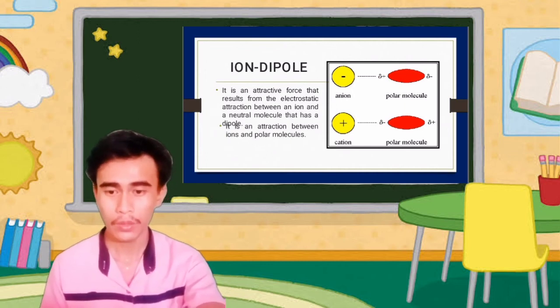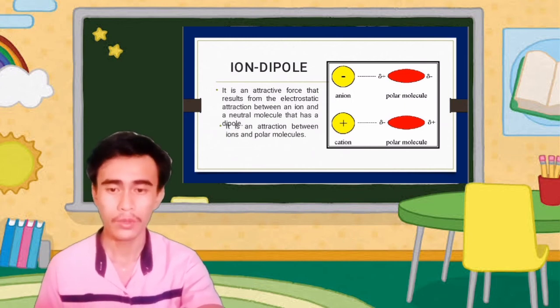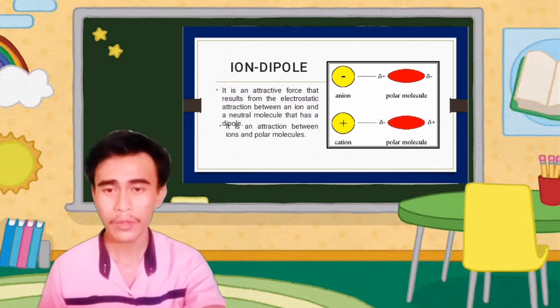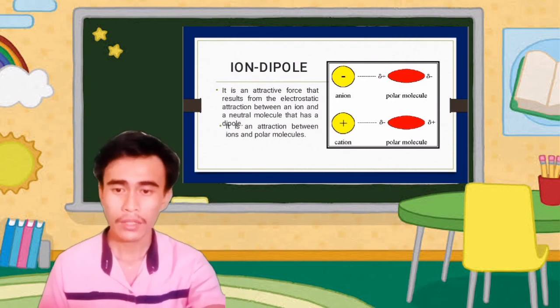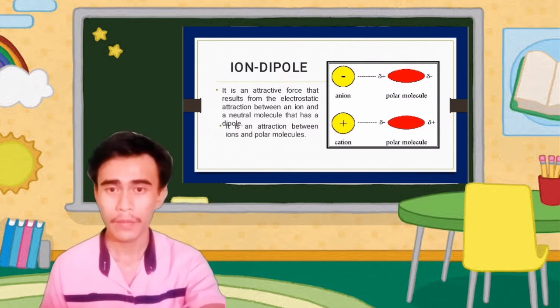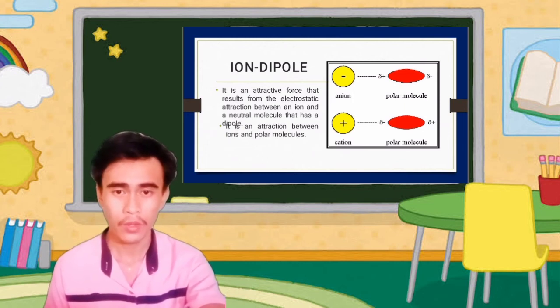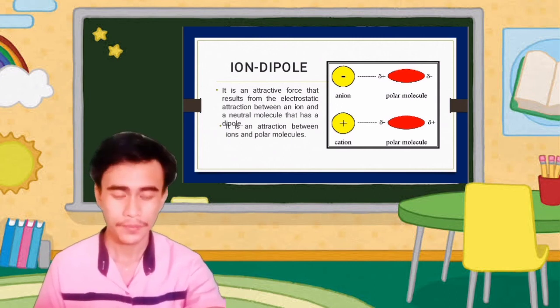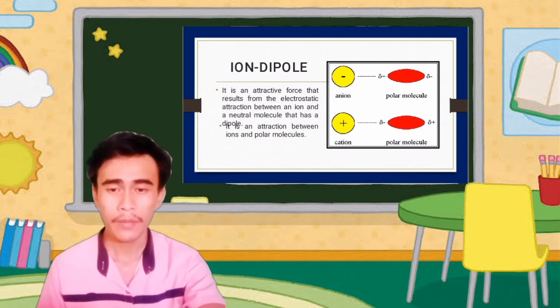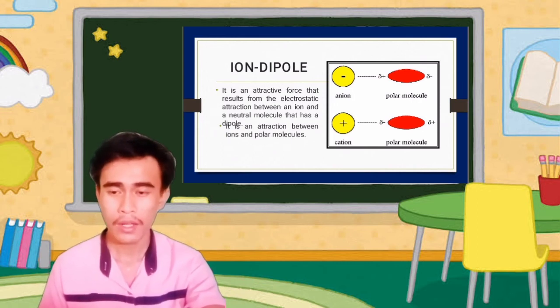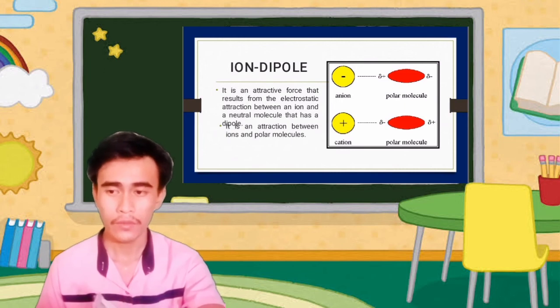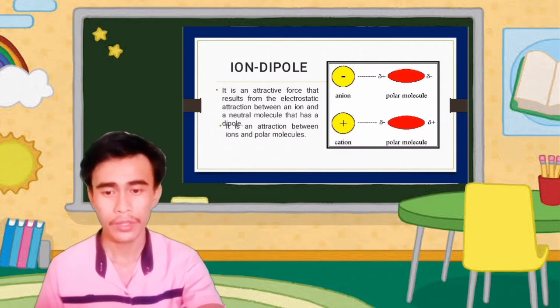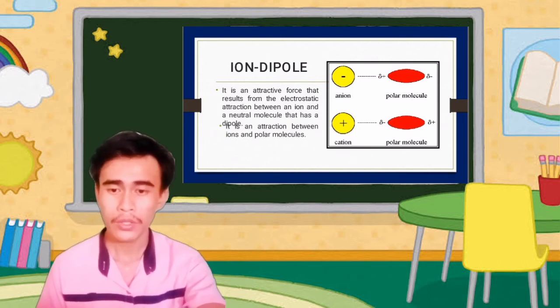So it is an attraction between ions and polar molecules. When we say ion dipole, the ion is attracted to the dipole. For example, we have the sodium ion. You can identify if a compound or element is an ion because it has a positive or negative sign on top, for example our sodium, Na+. So here, the ion is attracted to the dipole.